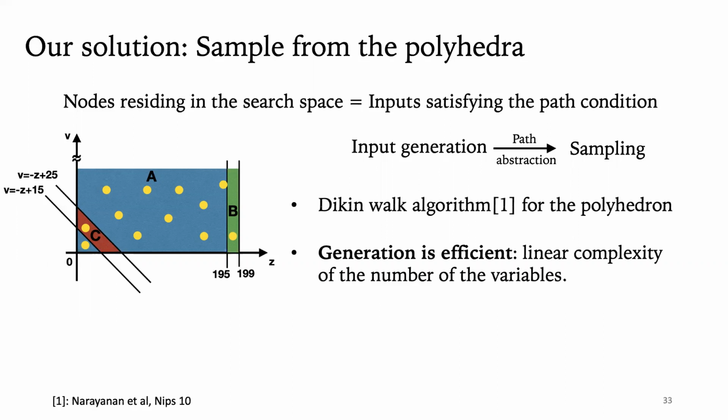Since we transform the input generation into node sampling, we leverage the state-of-the-art sampling algorithm Hit-and-Run, which is capable of sampling nodes from any given polyhedron. It is also very efficient since the complexity is linear with the number of related variables to generate new inputs.